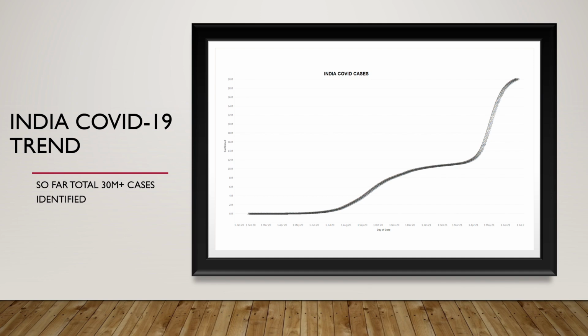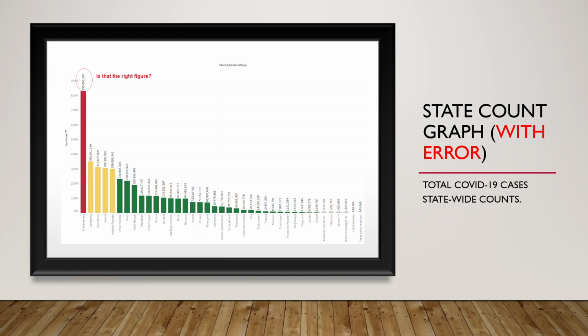The first graph generated from the selected dataset shows the trend of how the number of COVID-19 cases increases in India. On checking the graph, the shape formed something like a dangerous cobra and the count observed is around 30 million plus. As a next step, it is important to check the statewide figure. When looking at the graph and noticing the Maharashtra count, it shows around 830 million, which indicates it is not the correct graph.